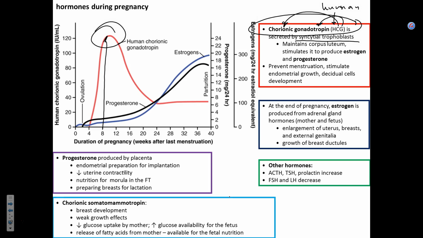When you use a pregnancy test, the strip-based, electronic, it doesn't matter, what is essentially detected is the chorionic gonadotropin in the urine. Does that make sense?